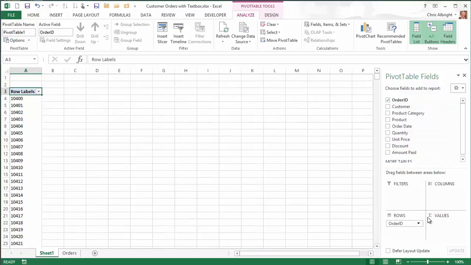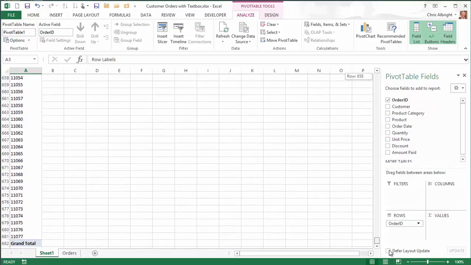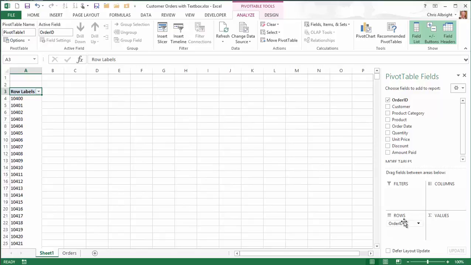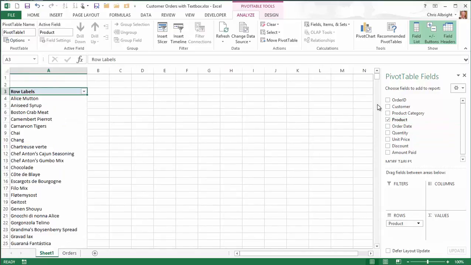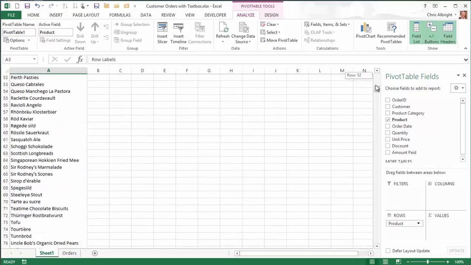There is a list of order IDs. Over 600 of them. There is a list of products sold. Close to 80 of them.